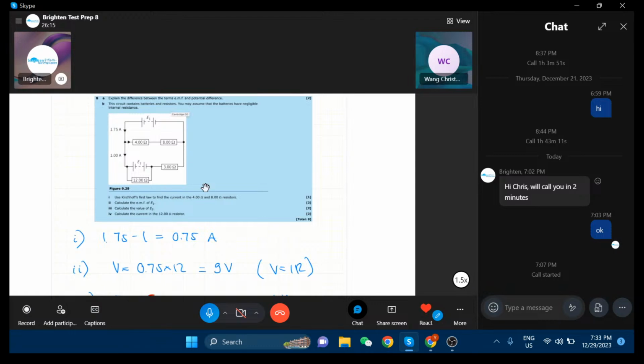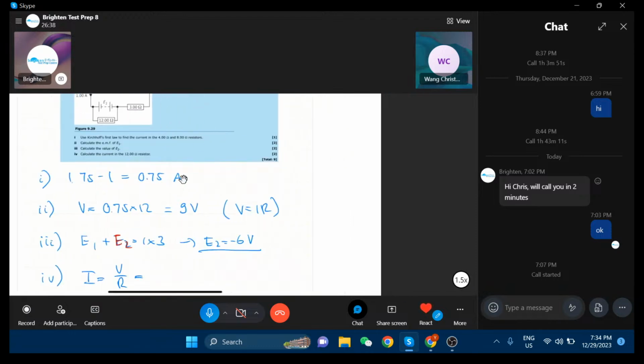Okay. But when you look at the base, let's say, or this one, what you say is I, of course, is V over R. R is 12, obviously.